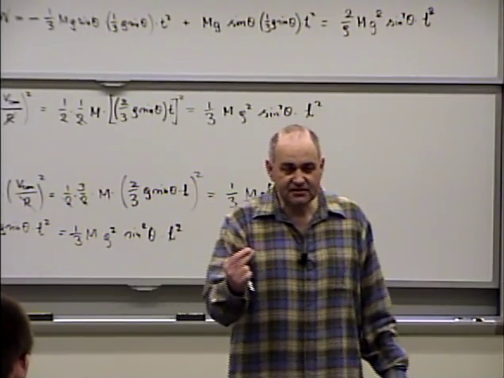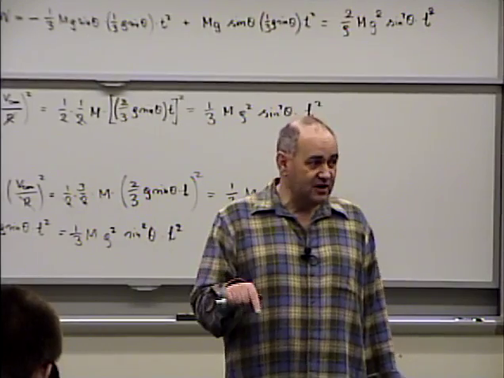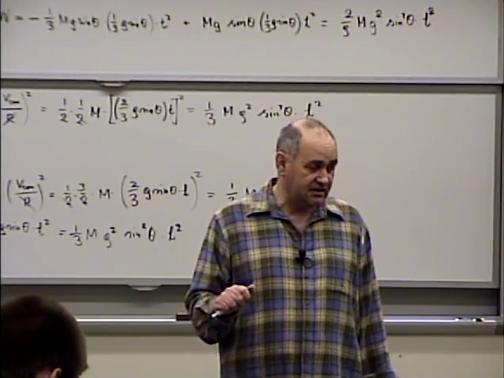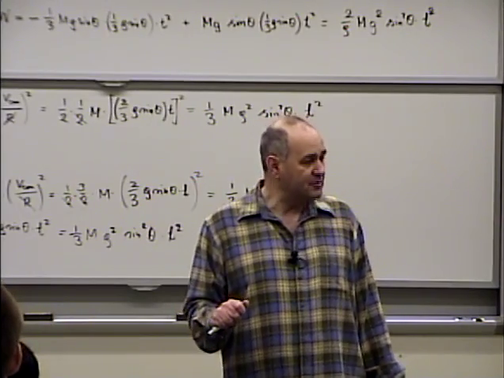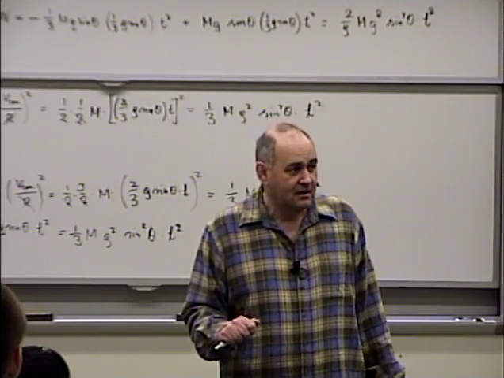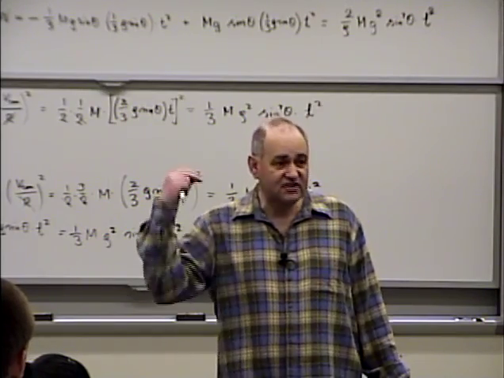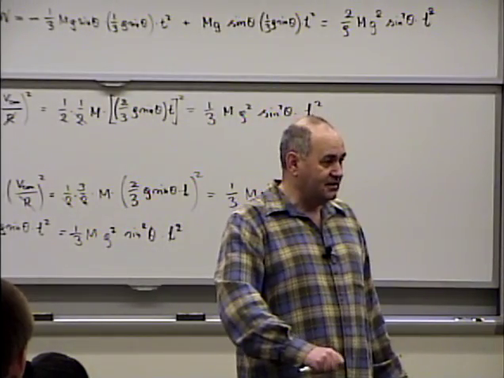Translational kinetic energy. Now, if you take an object as a particle, how is its translational kinetic energy related to kinetic energy of a particle? They are the same because the center of mass of the particle is at the particle.